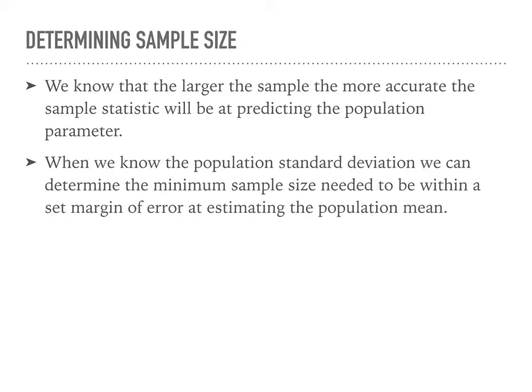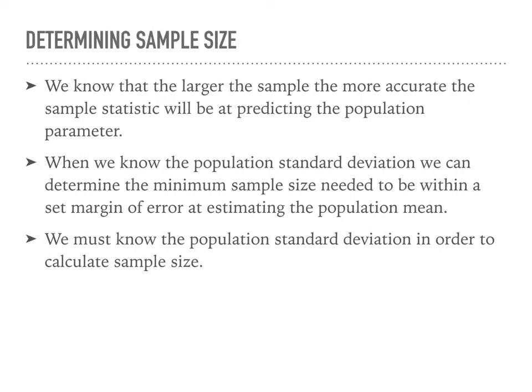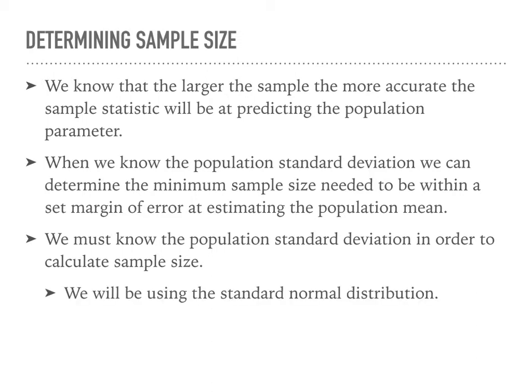We also know that when we know the population standard deviation, we can determine the minimum sample size needed to be within a set margin of error at estimating the population mean. The caveat here is that we have to have the population standard deviation in order to calculate the sample size. That's because the z-value does not depend on the sample size, whereas t-values do depend on sample size. So we will be using the standard normal distribution.